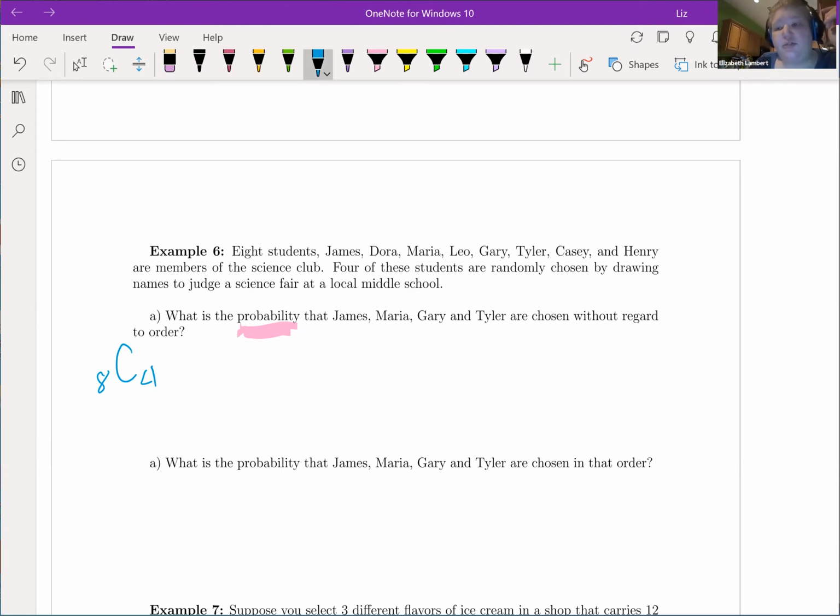A combination, 8 choose 4. So 8 factorial over 8 minus 4 factorial. That's our normal permutations where the order would matter. But since we're just grabbing a group of judges, we divide by the extra 4 factorial. Now this is not the probability, this is the total number of ways I could pick a 4-person group.